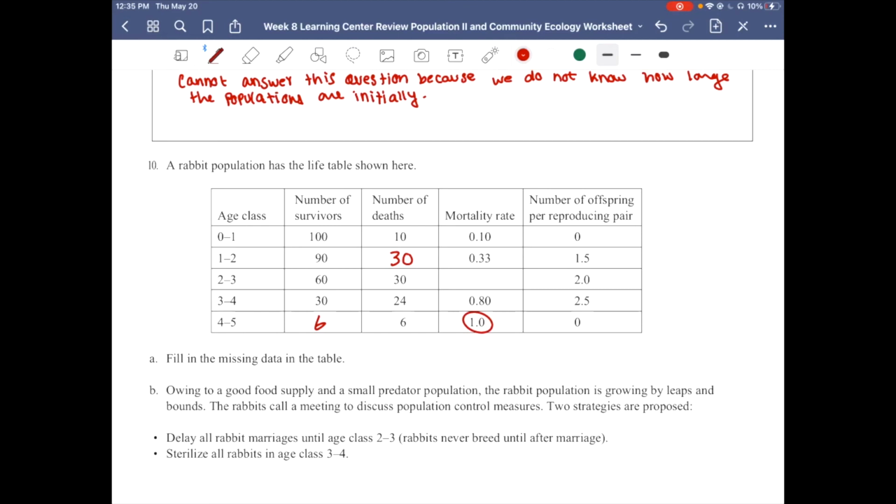So if the number of deaths was 6, then the survivors are also going to be, we're going to begin with 6. And then for this one, it's going to be 0.50, because the number of survivors is 60, the number of deaths is 30, so 60 divided by 2 is 30, so half is our mortality rate.